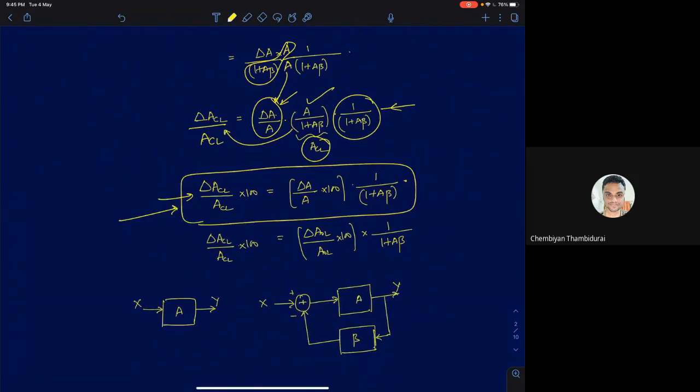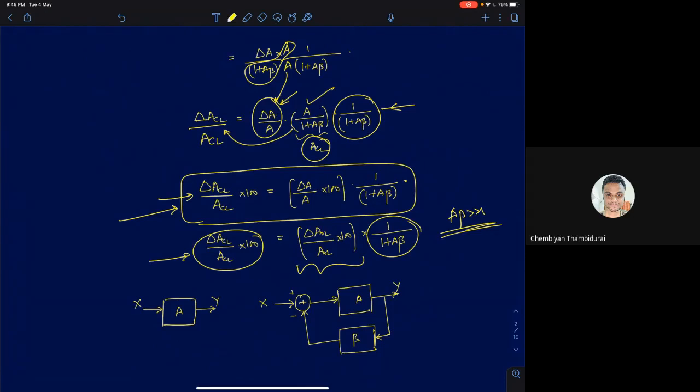So what we are seeing here is that even though your open loop gain can change by a huge factor, it gets divided by 1 plus A beta. So if A beta is much greater than 1, then the variation in your closed loop gain is reduced significantly. So this advantage is what we call gain desensitization.